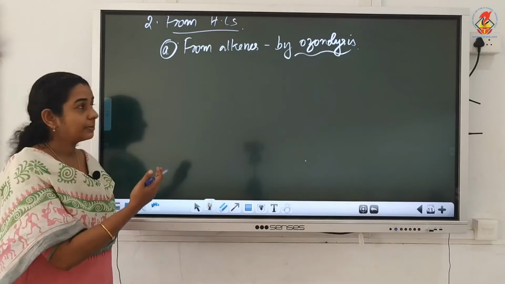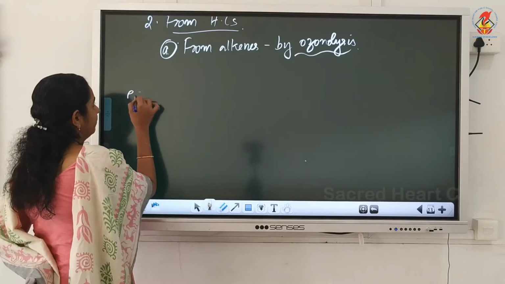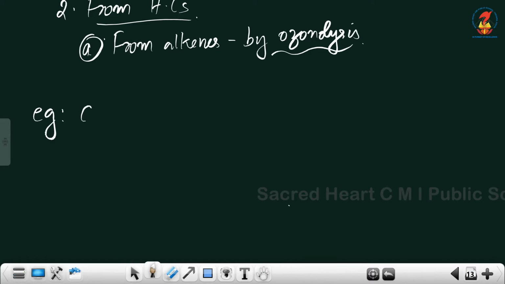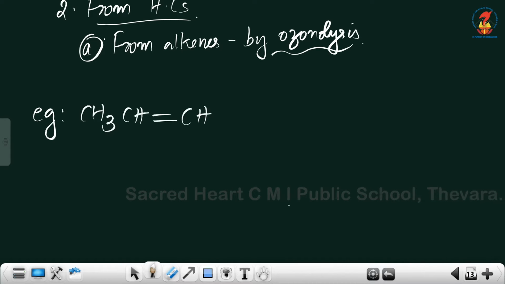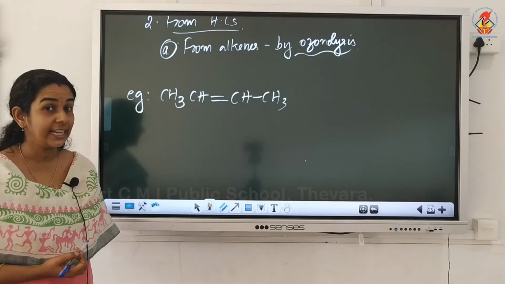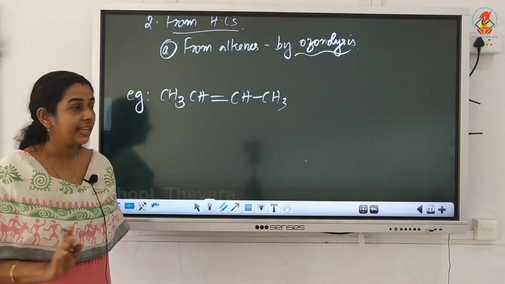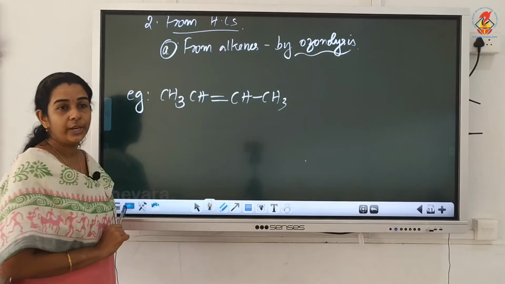So we can understand the ozonolysis from an example. Okay, CH3, CH, double bond, CH, CH3. It is an alkene, isn't it? Containing a double bond. At the same time, it is a hydrocarbon, that means containing carbon and hydrogen only.